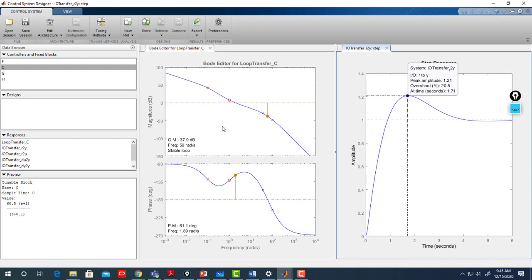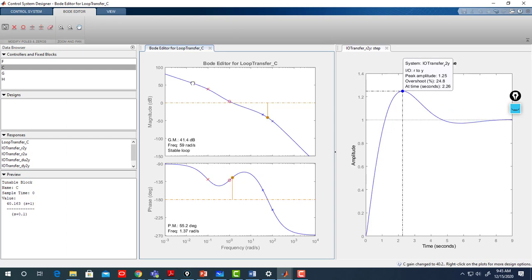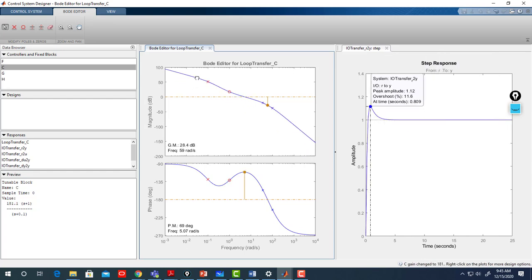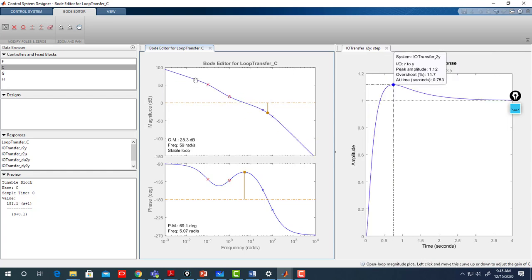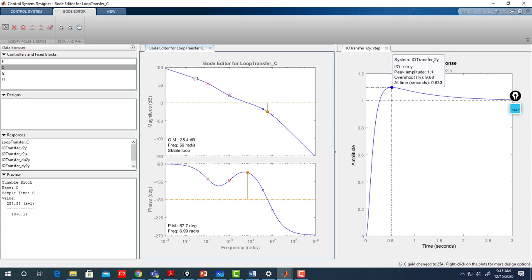So for a ramp it's not the case. So I need to reduce the gain actually now. If I reduce the gain, okay, somehow it's 9.5.